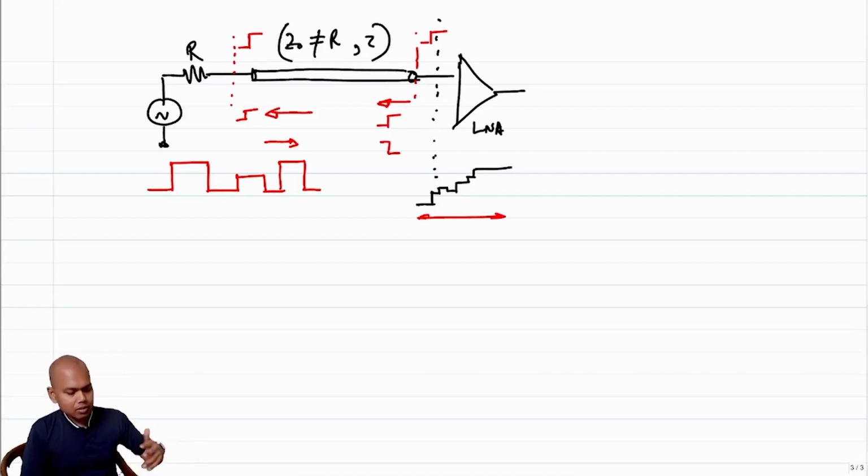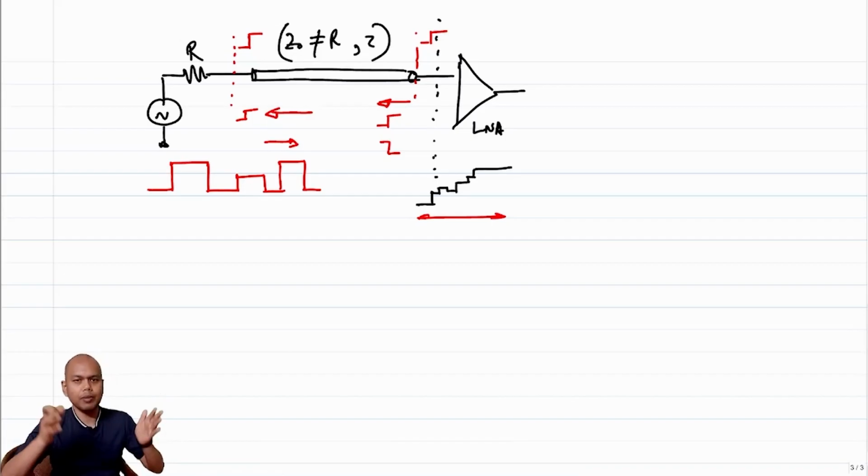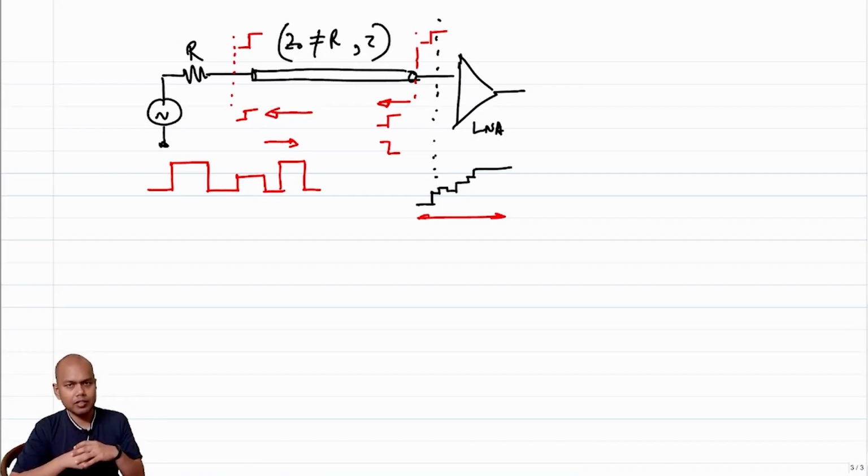So what is the source of the distortion? The source of the distortion is we are seeing reflections at all the mismatched interfaces, and not only reflections but reflections plus delay, right?